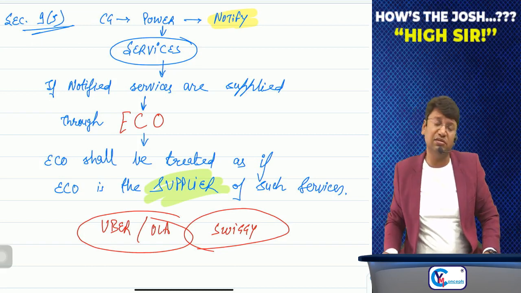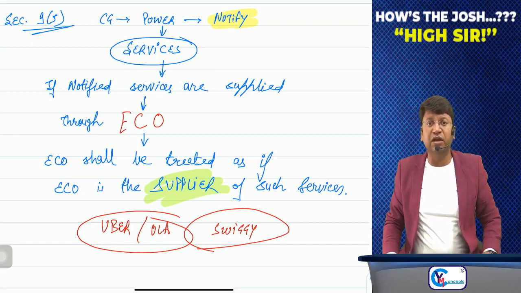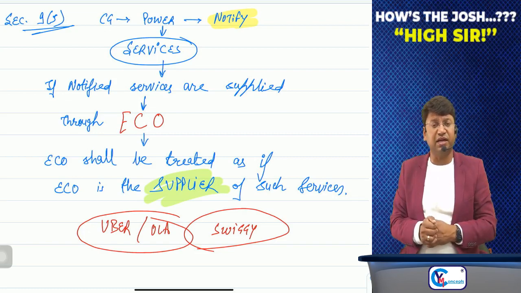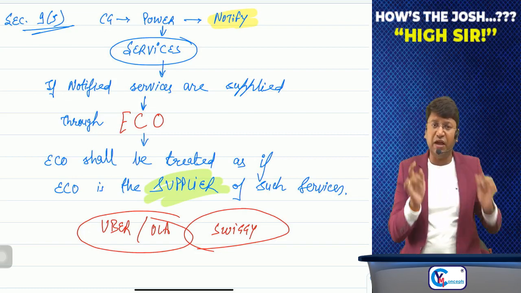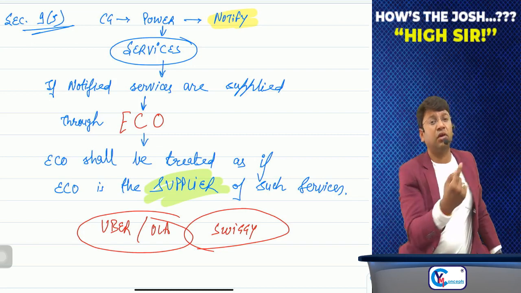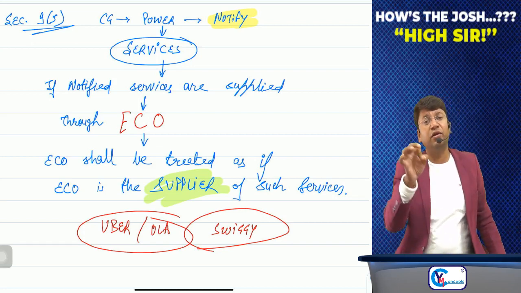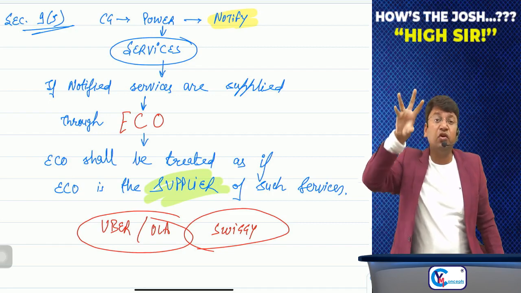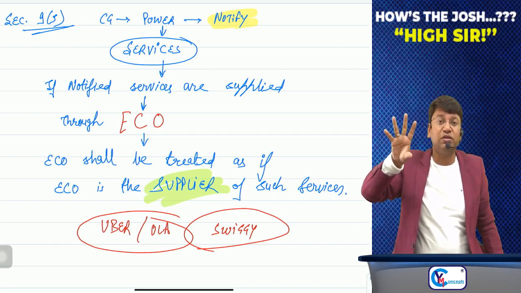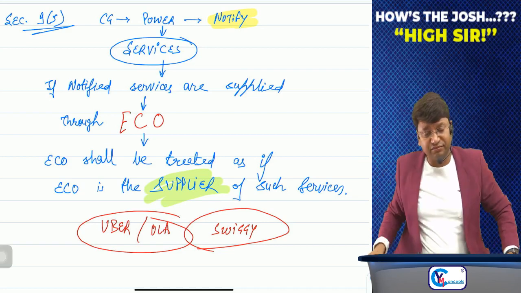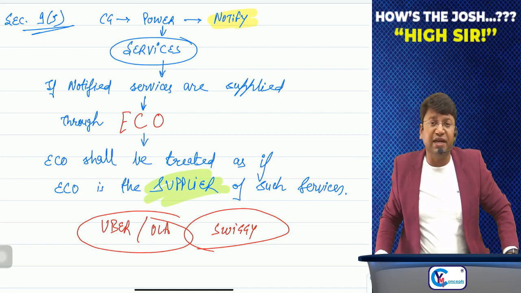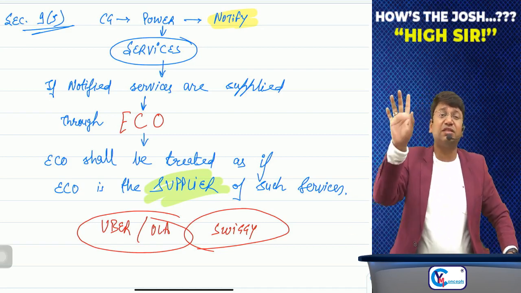Every taxi operator would have to get registered under GST, and the government would have to monitor all these transactions, etc. So the government notified those services under section 9, subsection 5. This is an aggregator model of business, and here the government notified that the electronic commerce operator, although not the actual service supplier in this transaction, will be treated as if you are the supplier of such services.